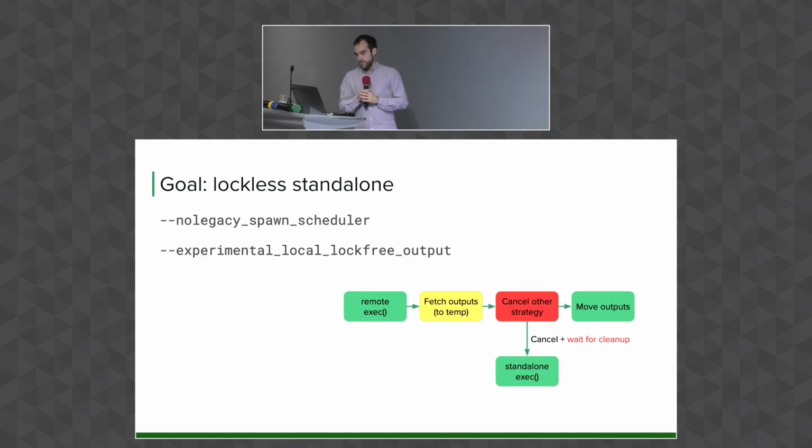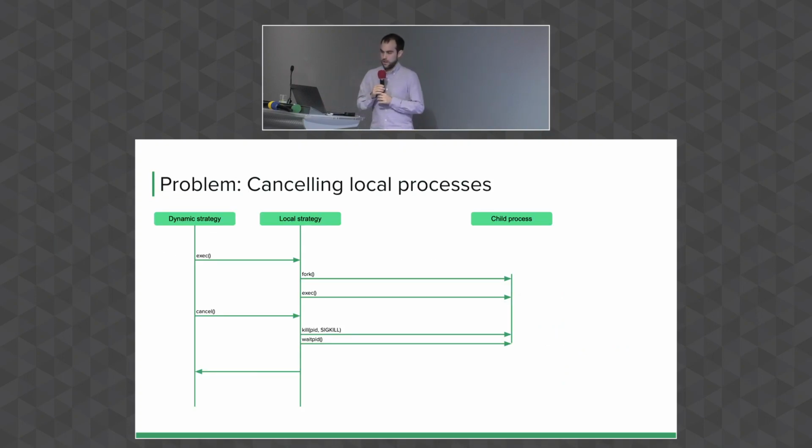OK. So I mark wait for cleanup there in red because that has also been problematic. Something that seems very simple turned out not to be so much. And the reason is because canceling local processes is complicated. So as an example, I tried to paint what's happening inside Bazel.